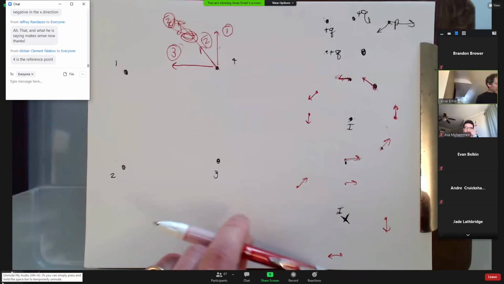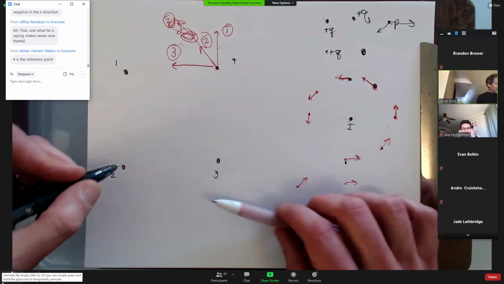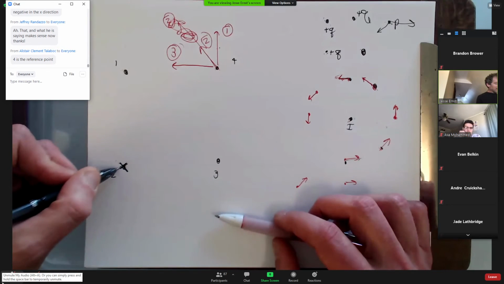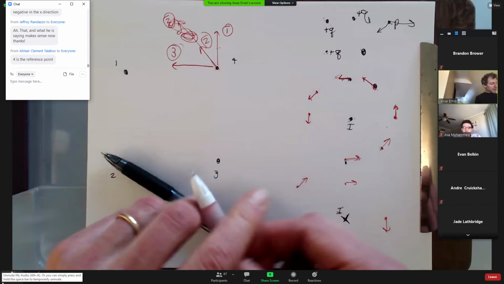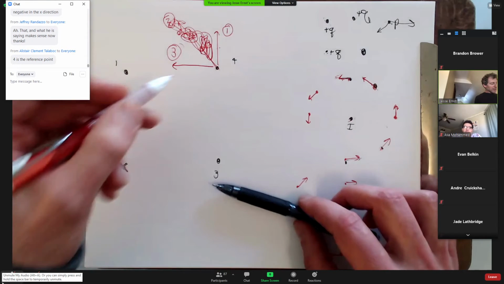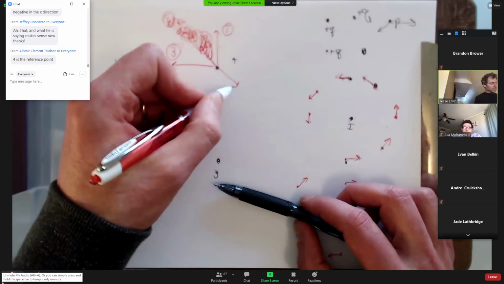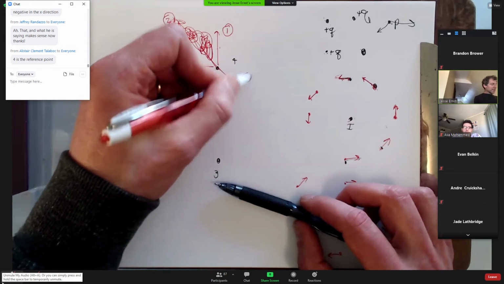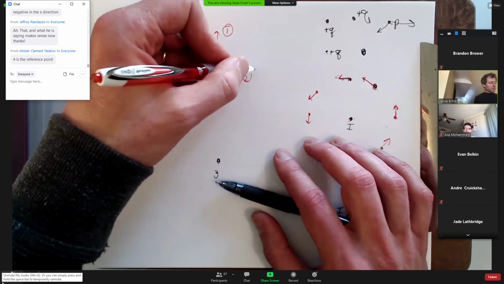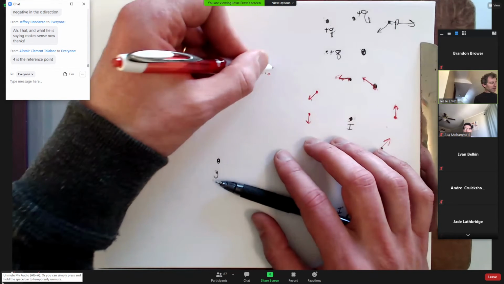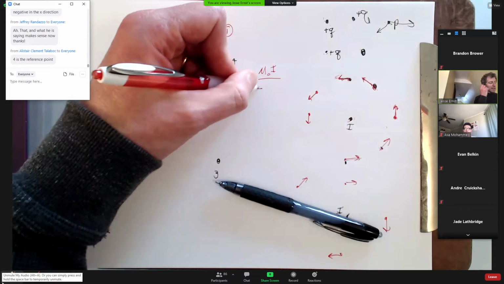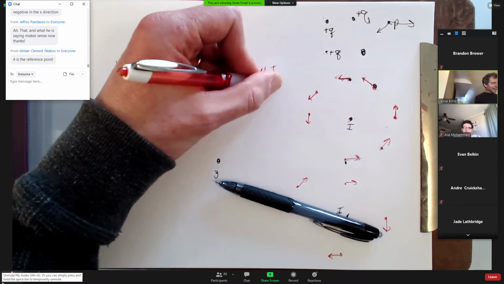So to answer that question from a while back, if you were to switch the direction of this current so that it went into the page, vector 2 would be replaced with this one. Okay, and so now the B field from this would be mu naught I over 2 pi root 2a, that's the size of it.